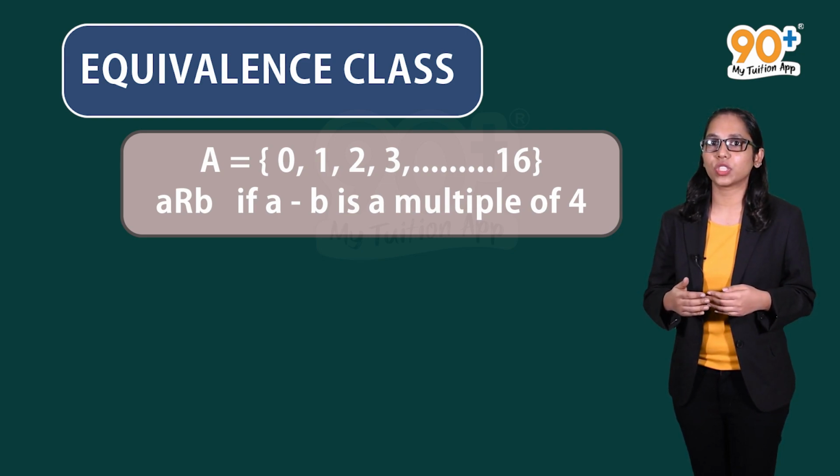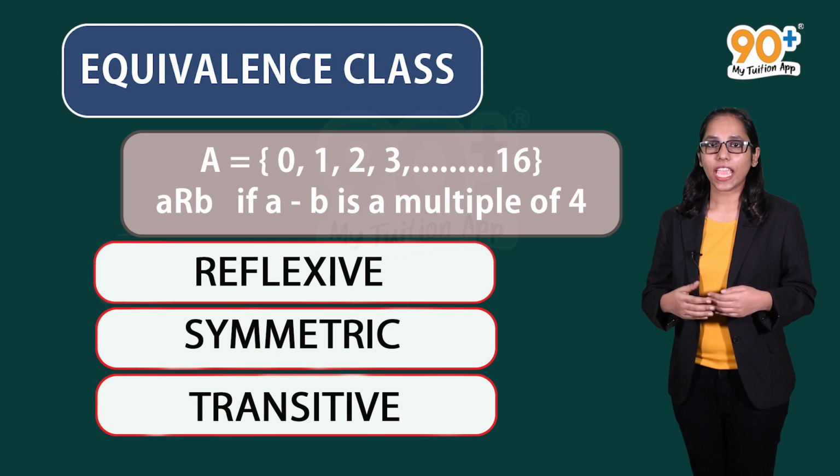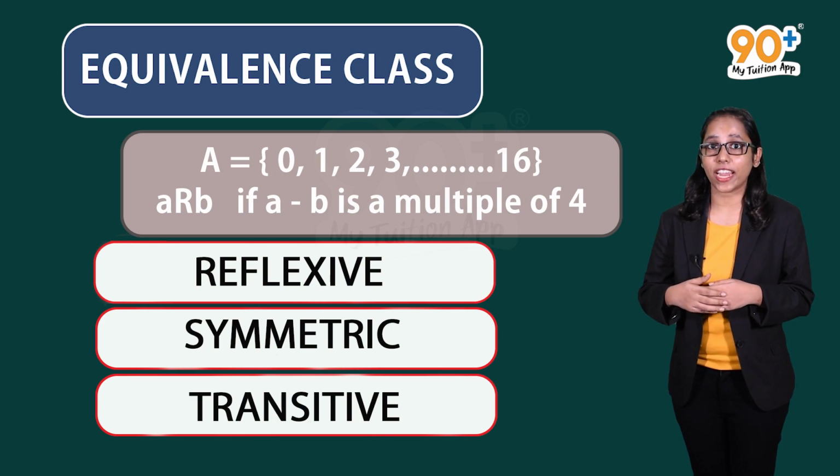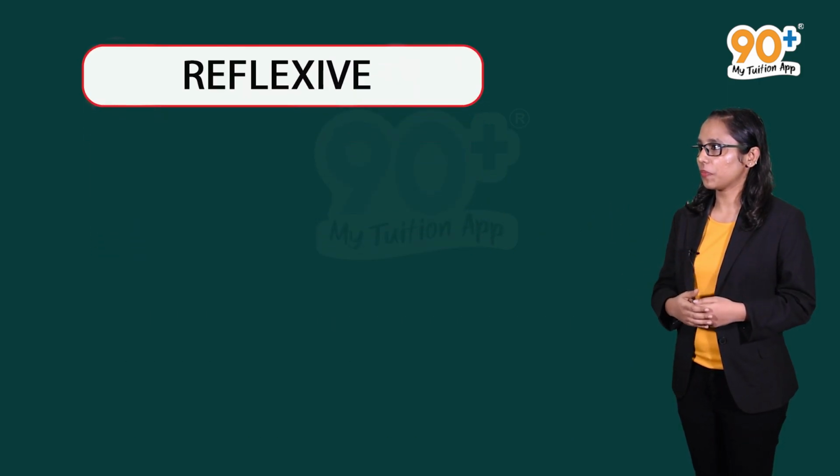For that, we have to check 3 conditions, that is reflexive, symmetric and transitive. Here, relation R is defined as: if you take any 2 elements from set A, then their difference will be a multiple of 4. So, let's check the first property, that is reflexivity.